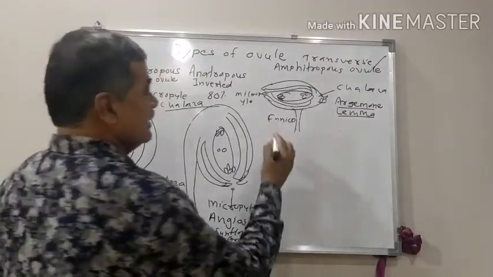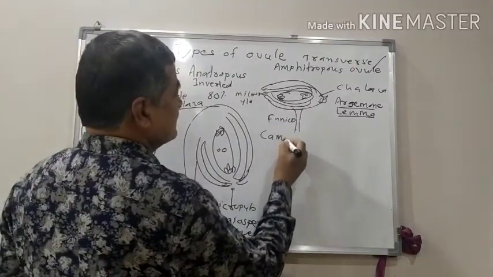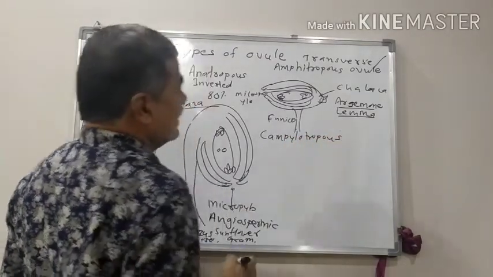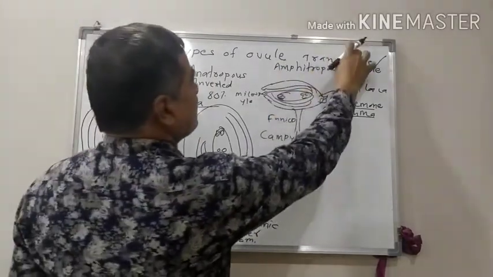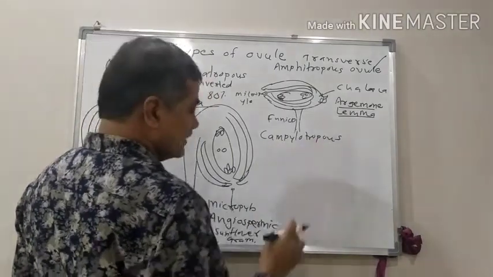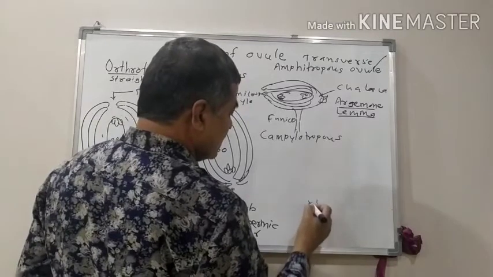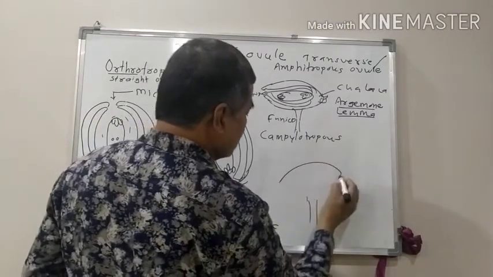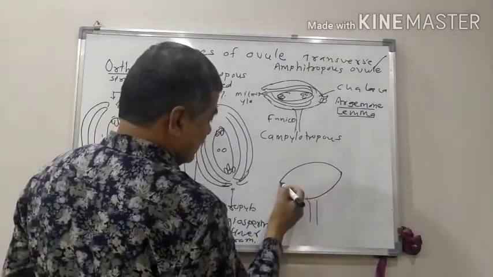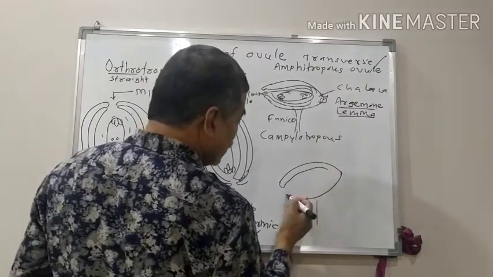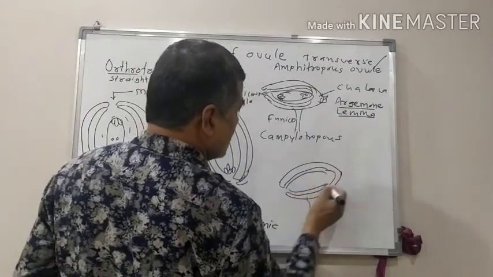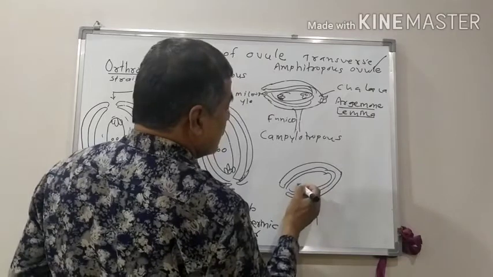The last one, the fourth one, is the campylotropous ovule. It is somewhat modified from the transverse ovule, the amphitropous. Here is the funicle, and the chalaza and micropyle lie on it, but somewhat curved, not actually at 90 degrees, but transversely centrally placed.